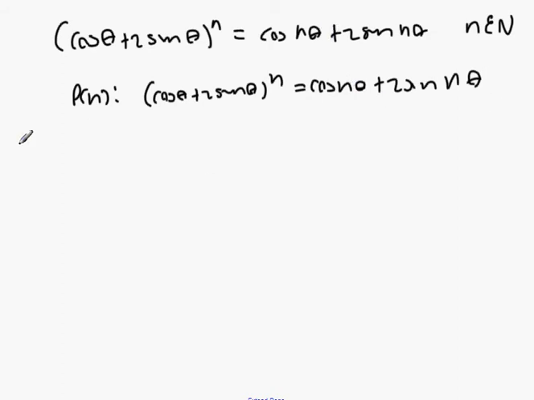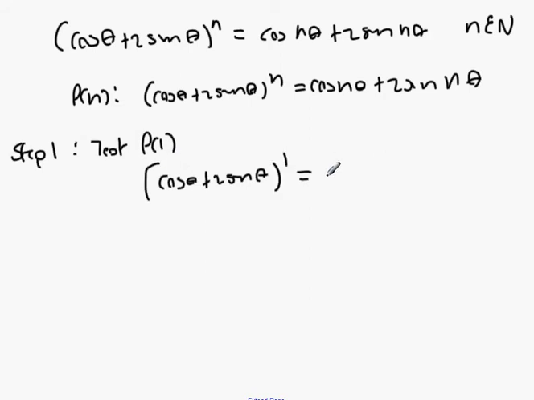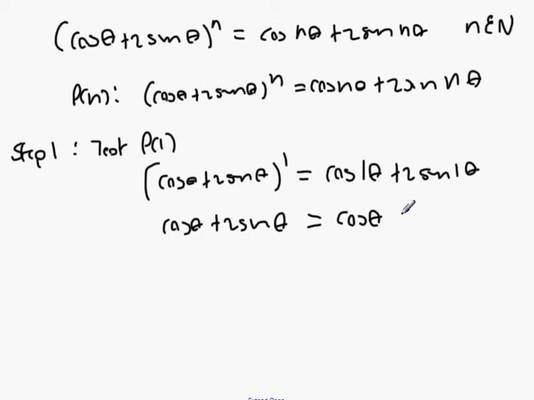Now, step 1, anybody remember step 1? Test P(1). So P(1): (cos theta + i sin theta) to the power of 1 equals cos 1 theta + i sin 1 theta, and what you're going to get is cos theta + i sin theta equals cos theta + i sin theta, because 1 theta is theta.